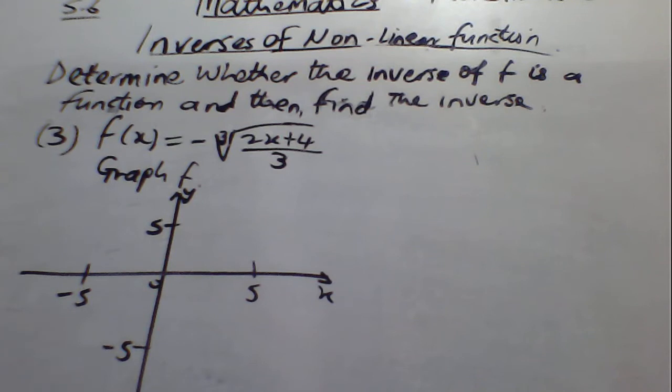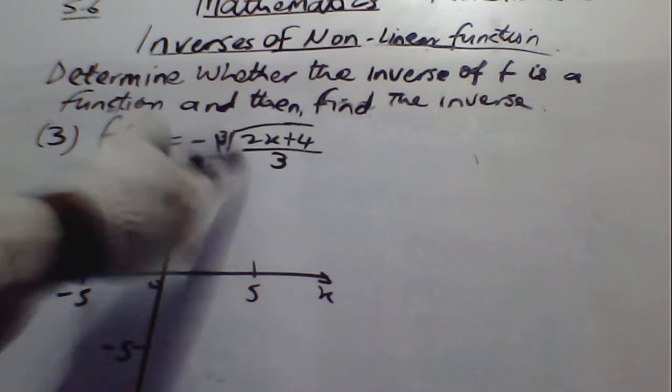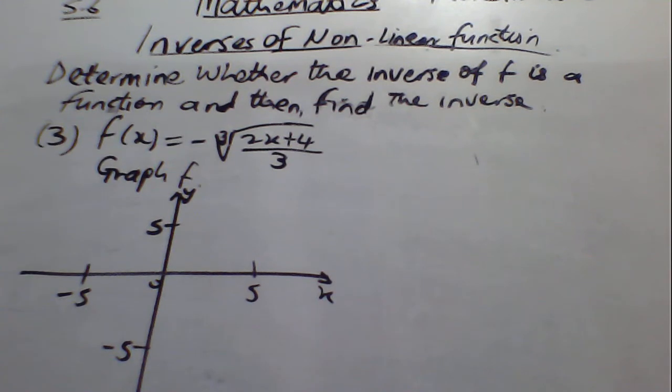You can graph it using a graphing calculator to make it easy, or else you find the zeros of the function, set y equal to 0, find the value of x, and use the zeros to plot it.